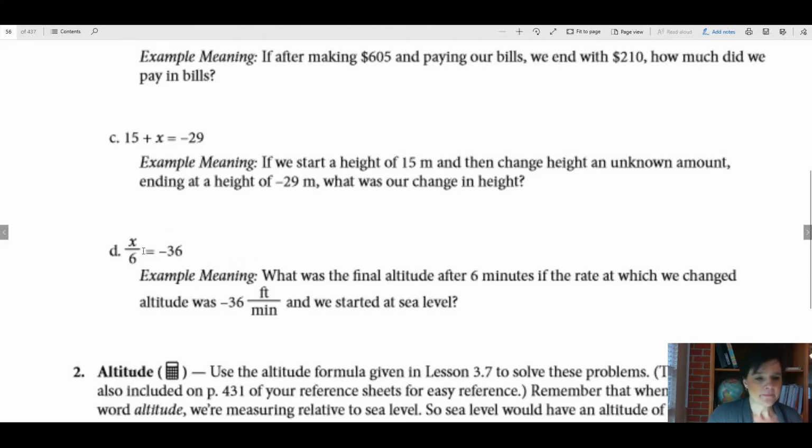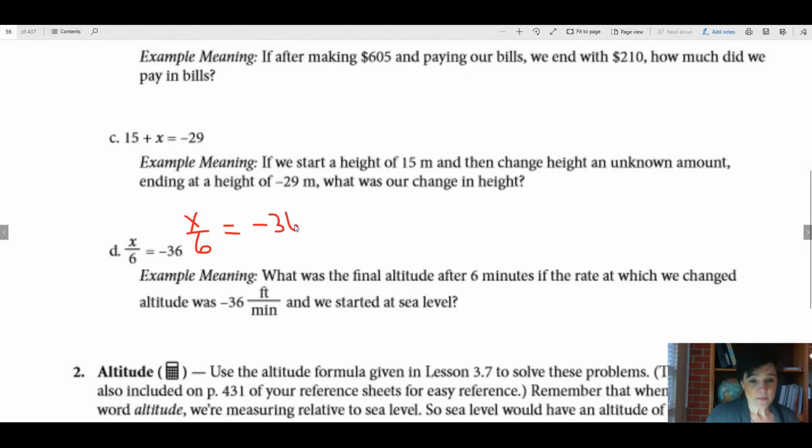Okay, so what we want is to get x by itself. So what is the opposite of division? Multiplication. Well, it's easier if you just rewrite it. x over 6 equals negative 36.